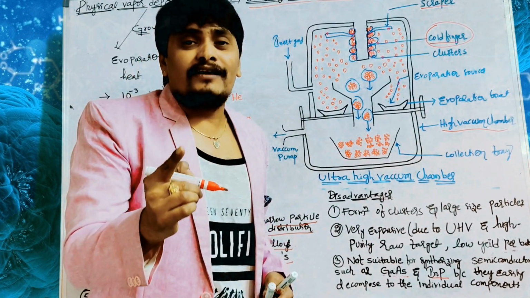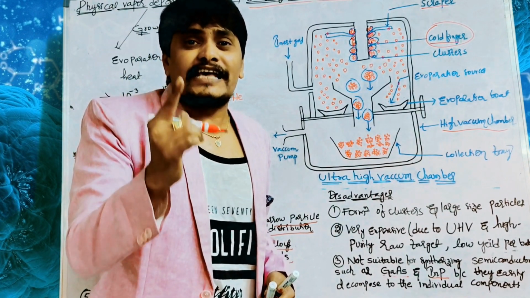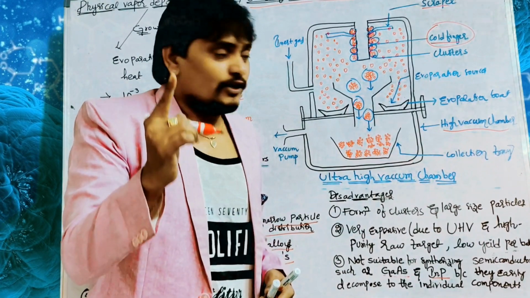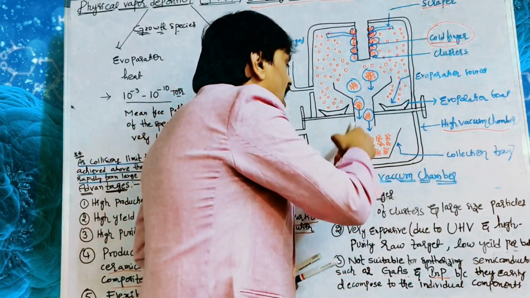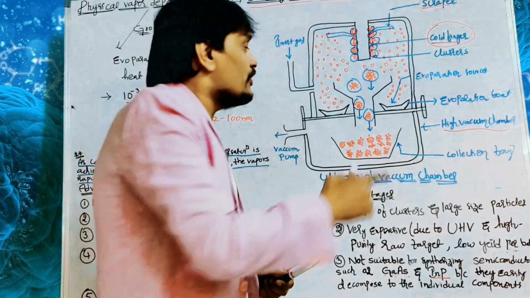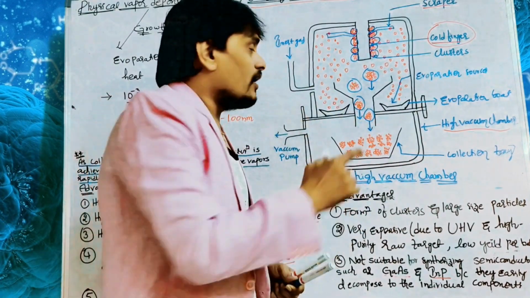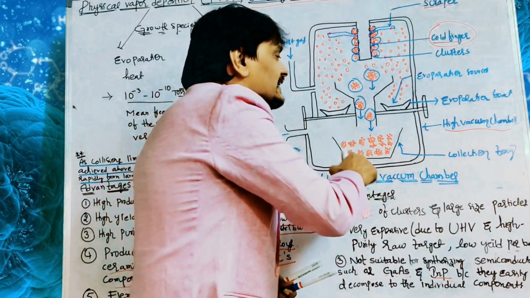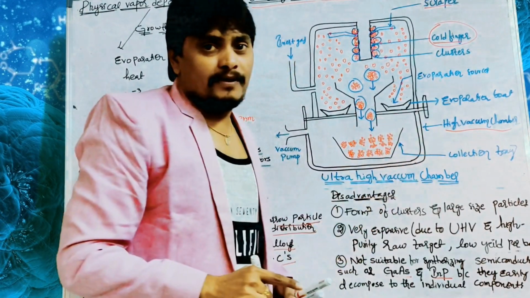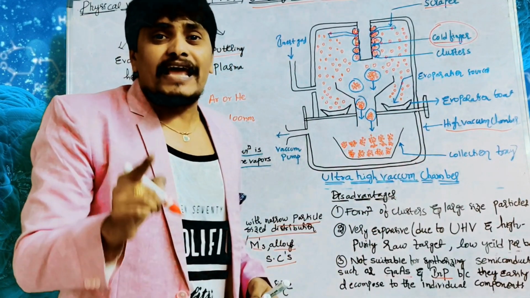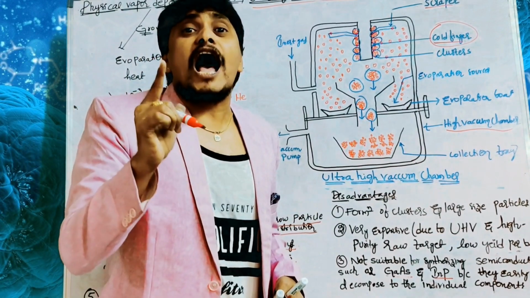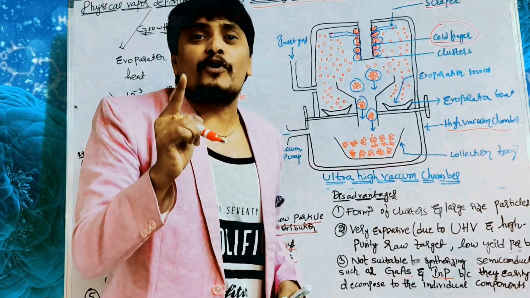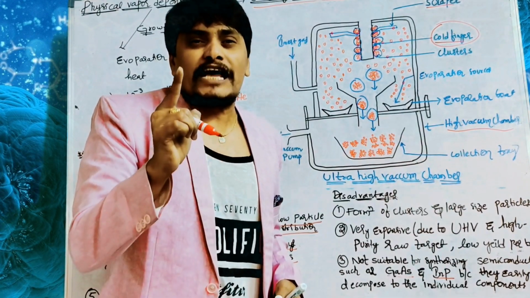Not only this, at the same time, we have to add the surfactant to the nanoclusters which are going to be formed, or nanoparticles which are going to be collected in the collection tray. So why is the surfactant being added? In order to avoid the agglomeration of the nanoparticles which are being produced. So what is agglomeration?